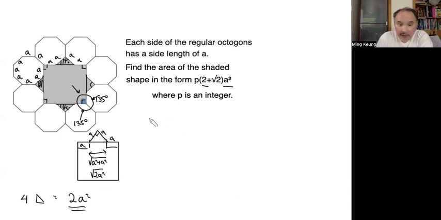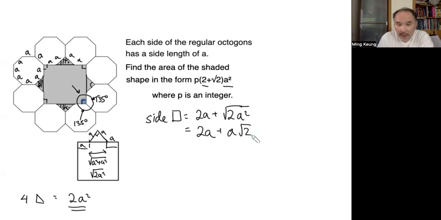So that means that the side of a square is A plus A, which is 2A, plus this part, which is plus square root of 2A squared. Now, I can actually take this A squared out now, because these are multiplied together, and I can make that into 2A plus A root 2, because the square root of A squared is A, but the root 2 kind of still stays there.